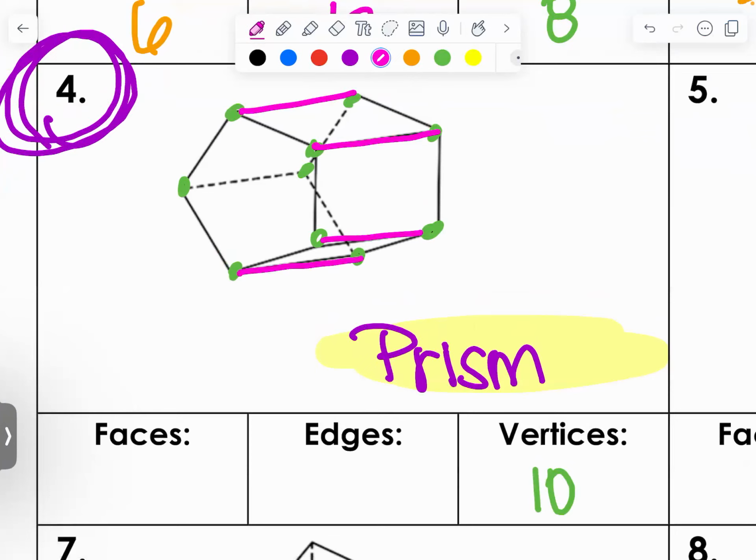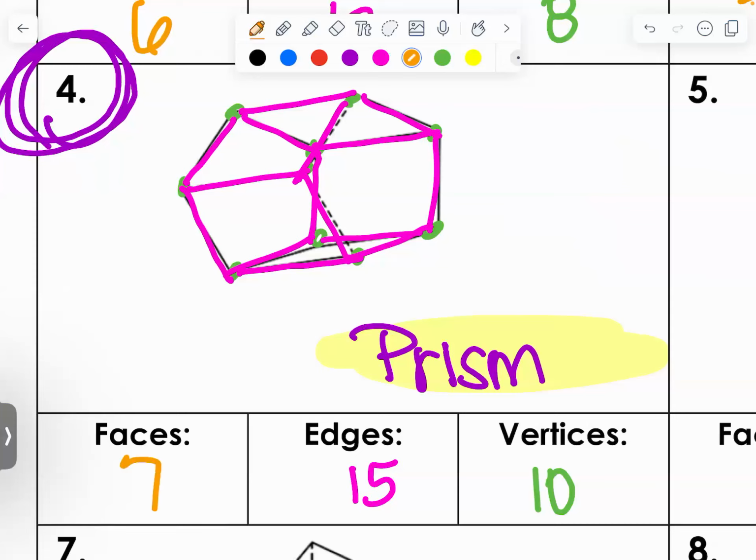There are 15 edges. You need to be doing your work when I ask you to do your work. Okay, Sophie, how about the number of faces? We have 7 faces. We have 2 bases and then 5 rectangles that are connecting them.